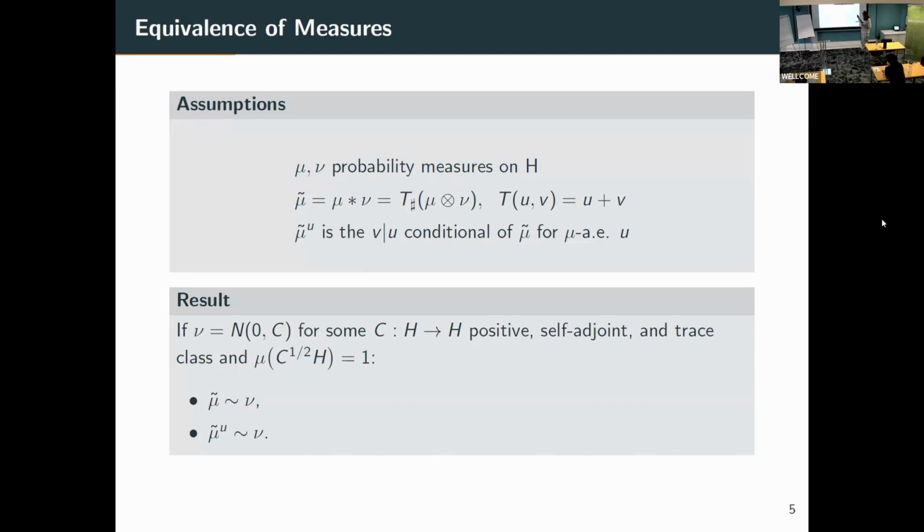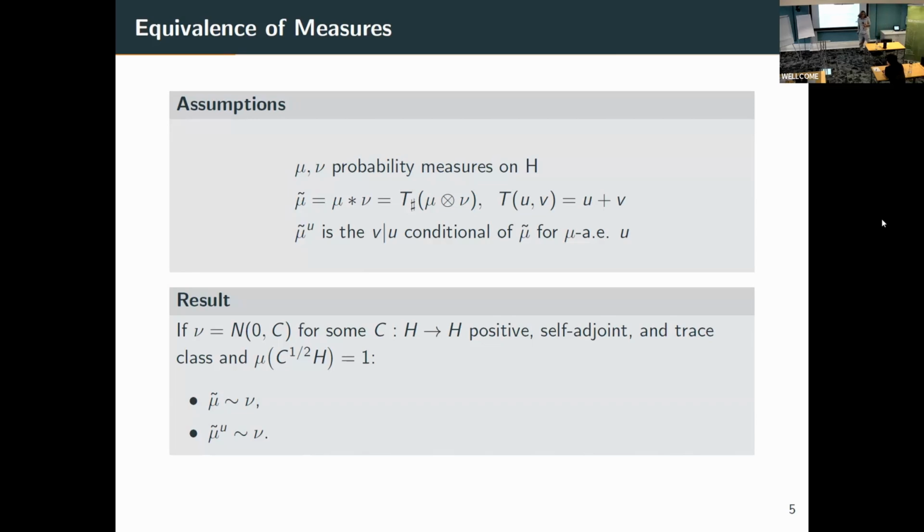Okay. So what I have is a very simple result, the first part of which follows from the Cameron-Martin theorem, essentially: if my perturbing measure is indeed a Gaussian, and my data measure charges its Cameron-Martin space, then the two are equivalent. One thing to note is that the data measure will never be equivalent to the perturbing measure given this condition, because they just have different supports.